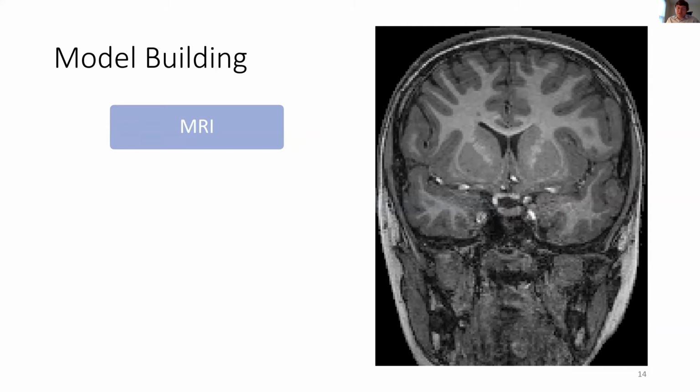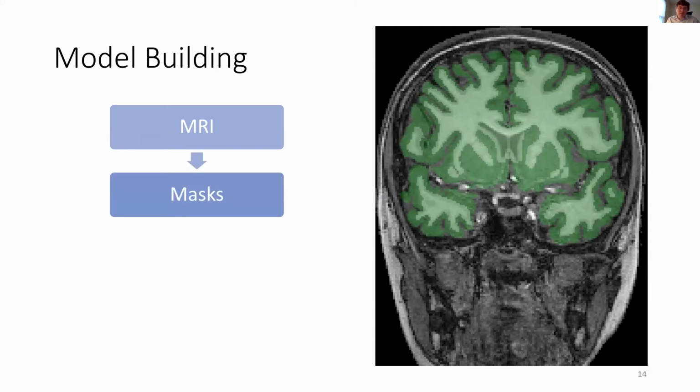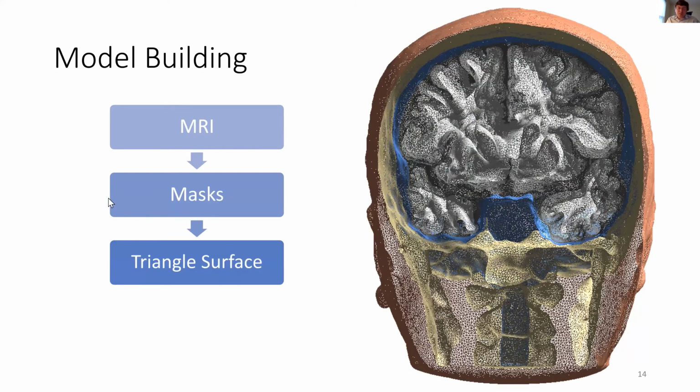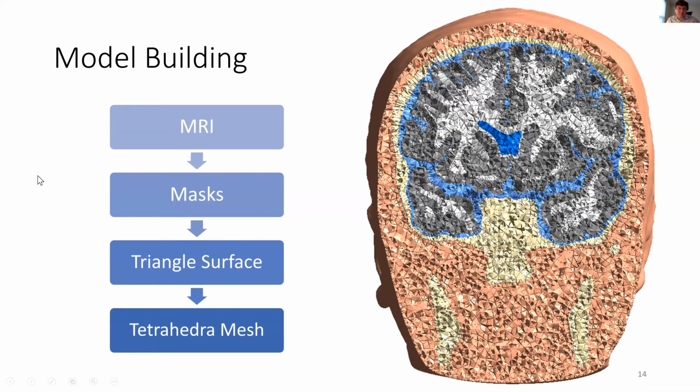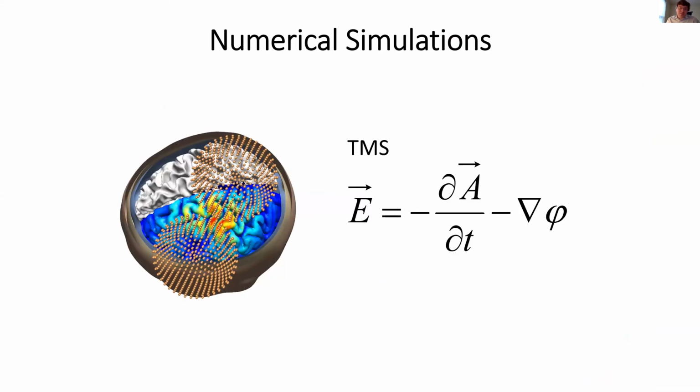We start with the T1 image, then segment tissues, create those FEM models, and then run numerical simulations to estimate the electric field distribution.